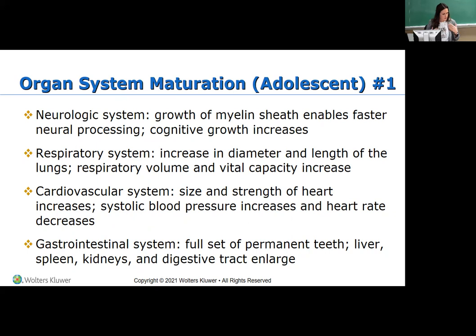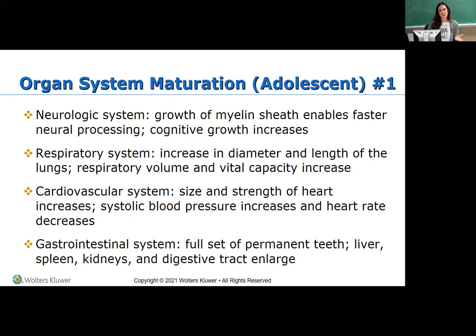So basically these kiddos can start realizing what it is that they like, what it is that they love, and they can start fine-tuning those things they're interested in, and have an increase in ability. Their reaction time is much better, their coordination is better. This is why we start learning how to drive. They have better hand-eye coordination. So this is that neurological system that's maturing.